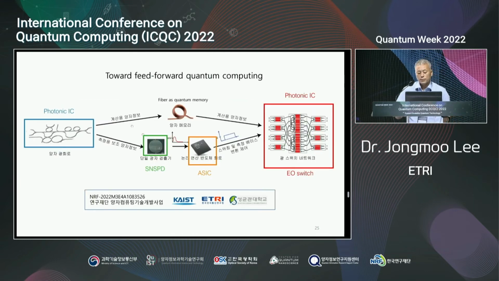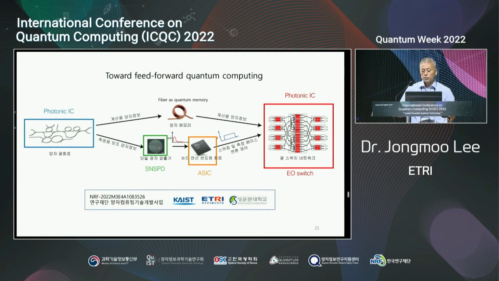So in our recent project, which is led by KAIST, with a consortium of KAIST, ETRI and Sungkyunkwan University, we are developing each component required for the fit for the quantum computing. This is a 2-year project, and we are developing each component: the SNSPD, the ASIC electronic IC for the control, and also the switch ICs.